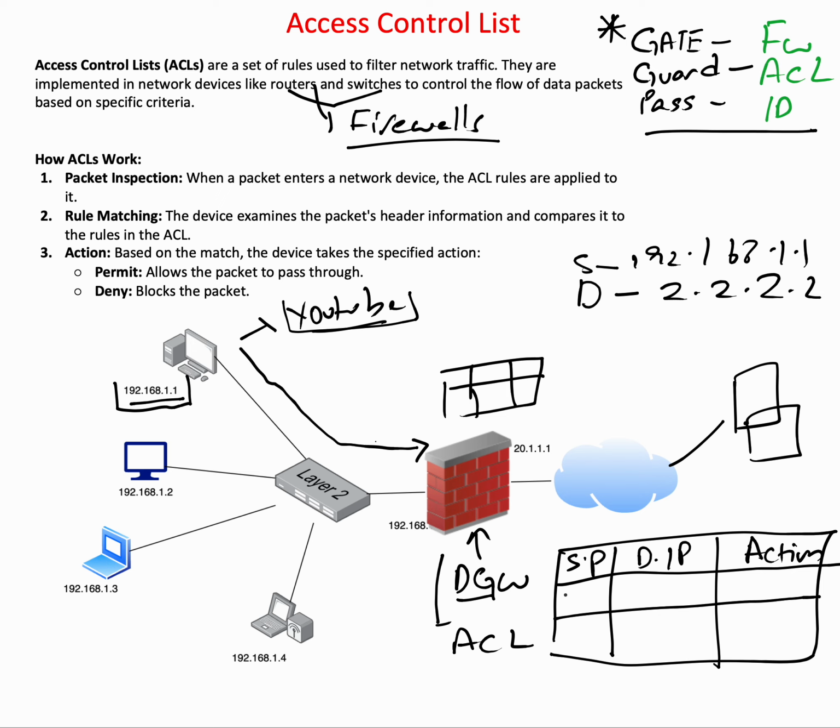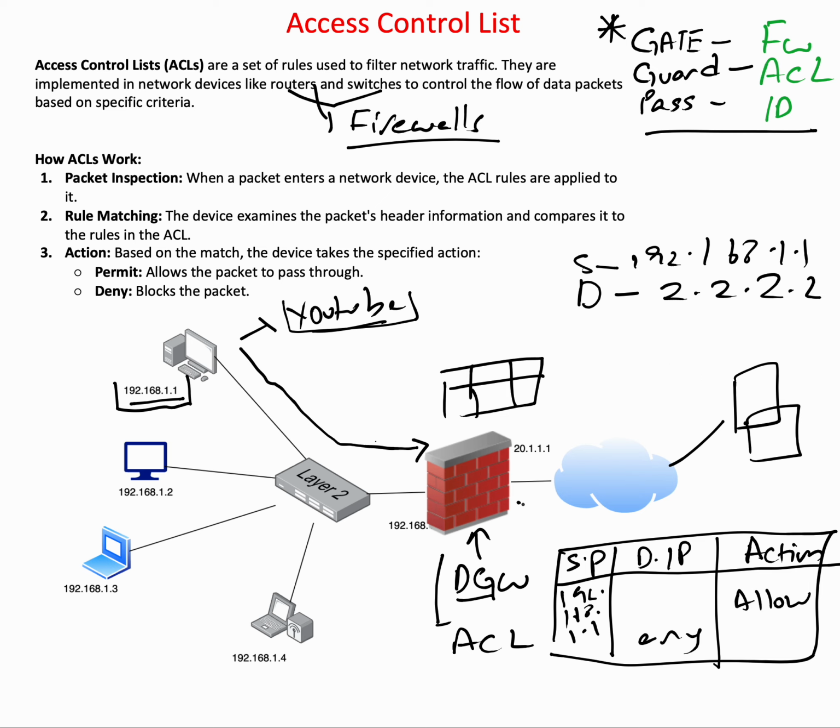First rule we have 192.168.1.1 as the source, and destination I'm saying 0.0.0.0, any, that means any. In terms of firewall, we write 0.0.0.0, any, and then action is set to allow.